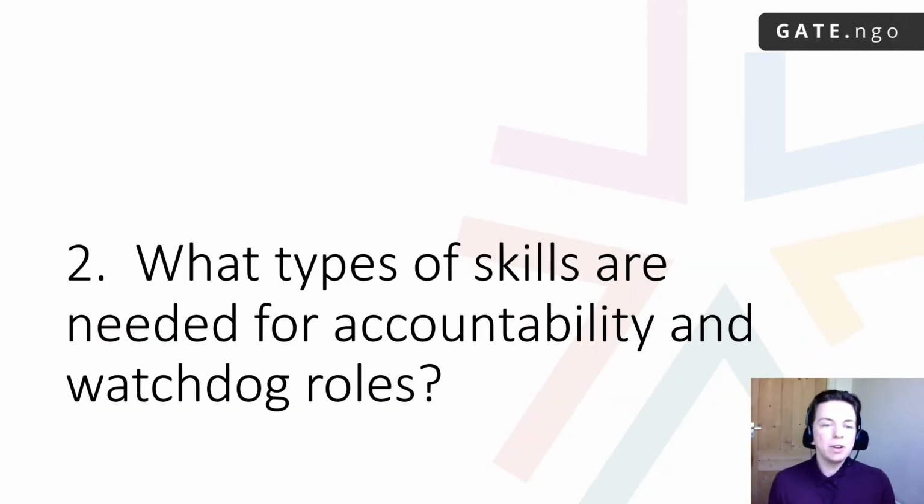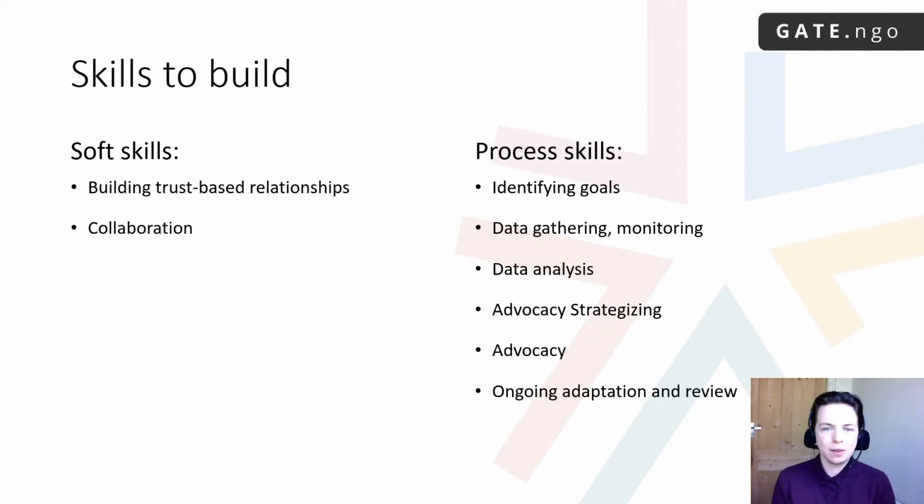Now I'd like to move into what types of skills are needed for these accountability and watchdog roles. Key soft skills to build are building trust-based relationships, as previously mentioned. This will help to reduce the uphill battle in making the powerful, or the power holders, accountable. Collaboration is also key for the best chance to generate positive change.